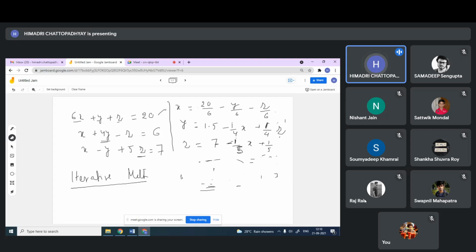If you write in matrix form, it looks like this. You see that the coefficient is 0, because here there is no x. So for x it is 0.